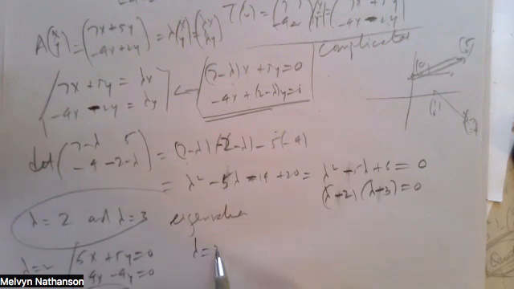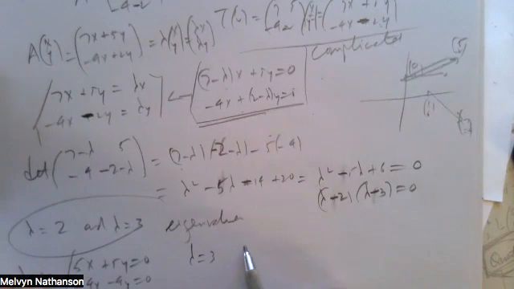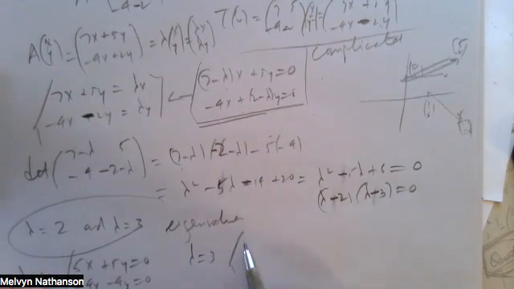And if I take lambda equal 3, these equations become 4x plus 5y equals 0, minus 4x minus 5y equals 0.